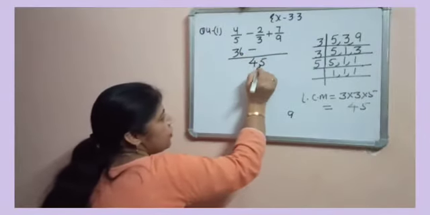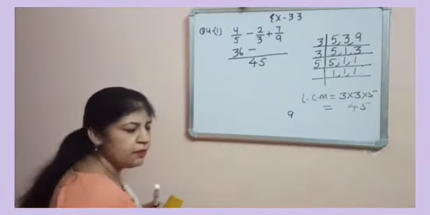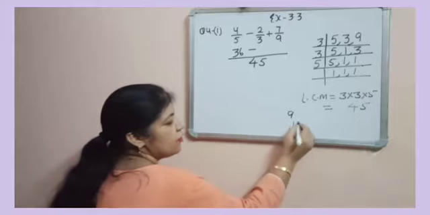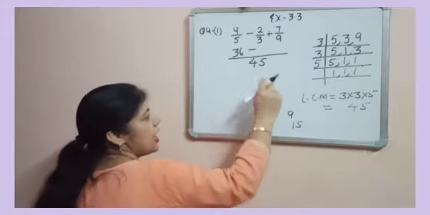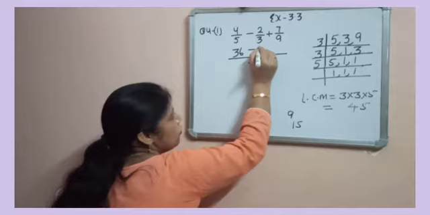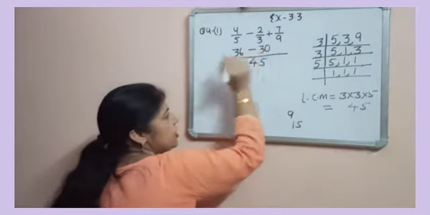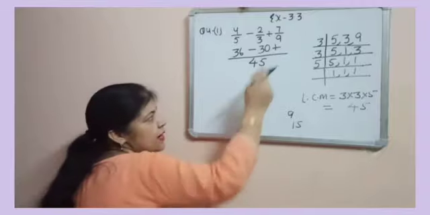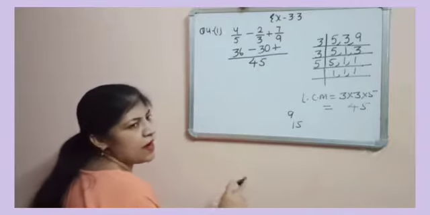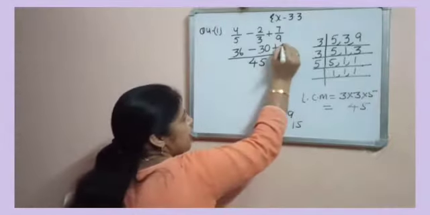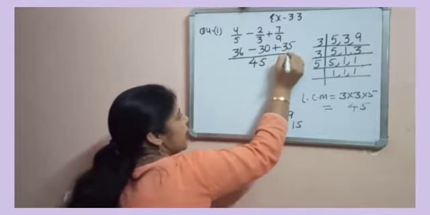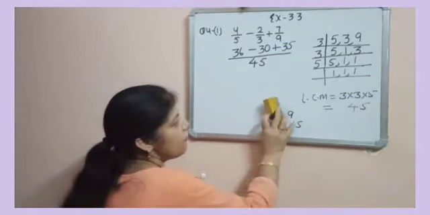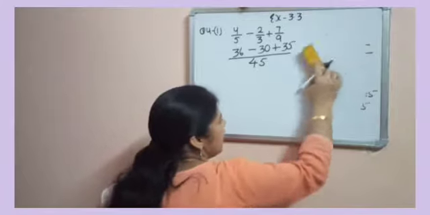Now divide 45 by 3. You will get 15, and multiply 15 by 2. That will be 30. Now divide 45 by 9. You will get 5, and multiply 5 by 7. You will get 35.